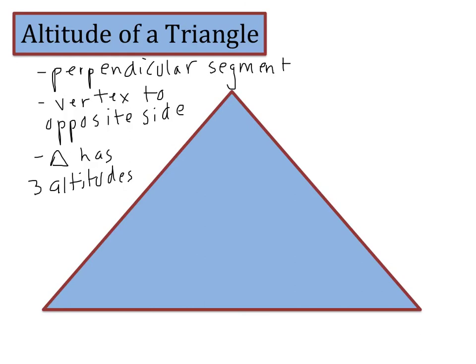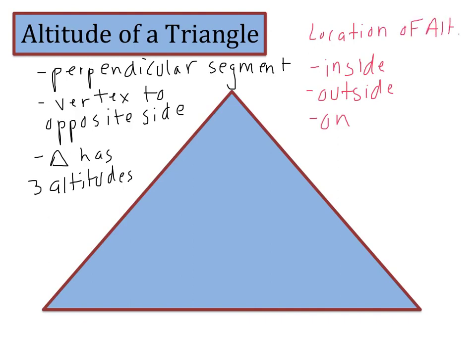Now the altitudes can either be inside, outside, or on the triangle, depending on the type of triangle. So here it's a perpendicular segment from the vertex to the opposite side.